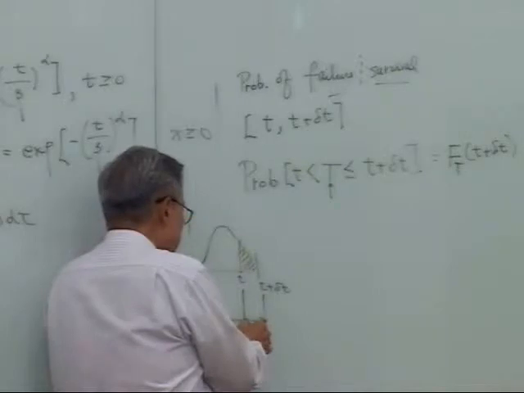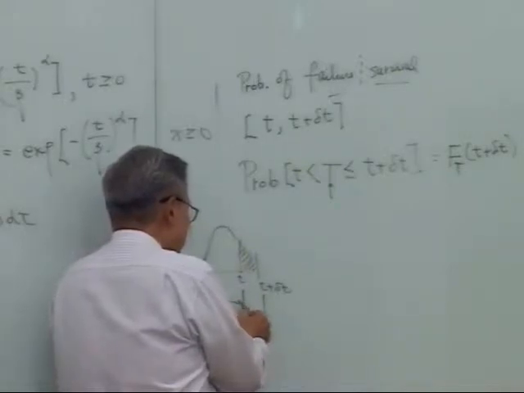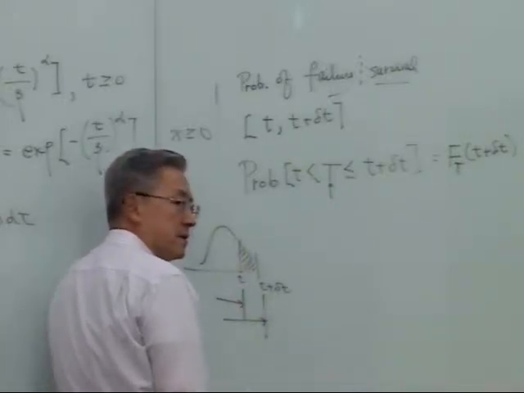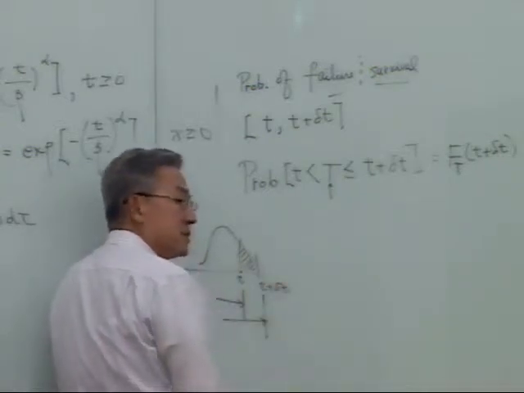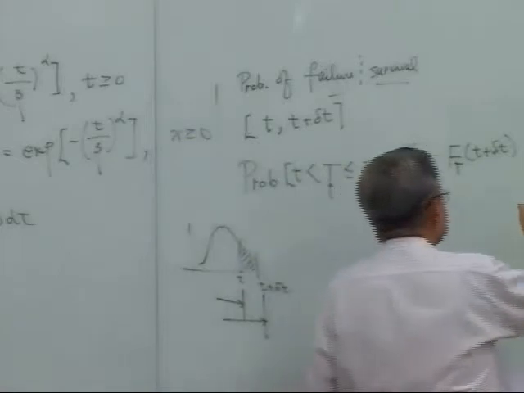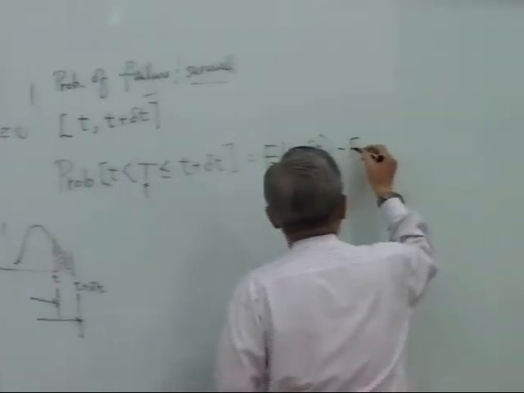And you can subtract the area up to here, F(t), to get the probability of the failure in between.